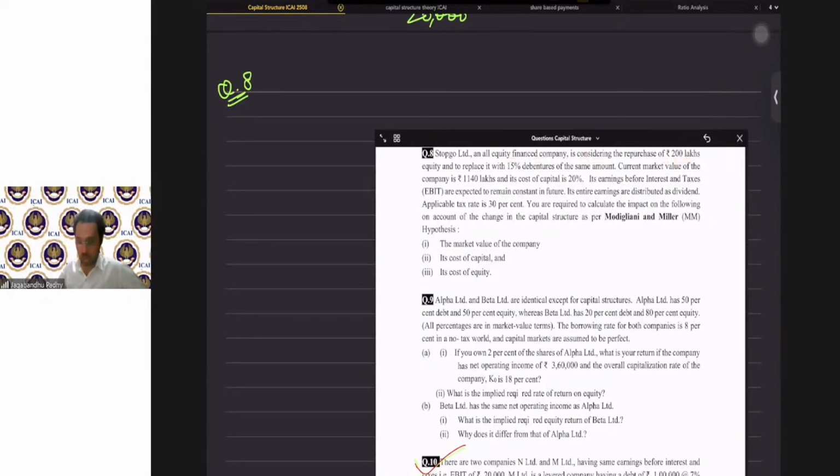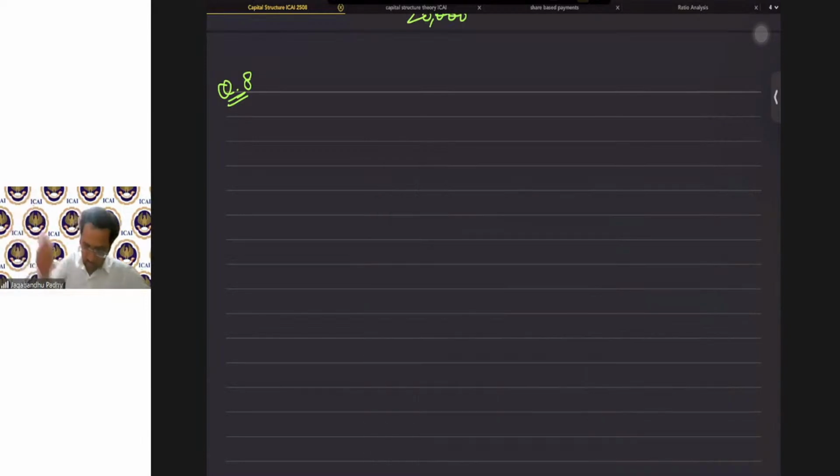So let's first talk of the two scenarios. One is the unlevered scenario, which is the original case. And second is the levered scenario, which is the new case.